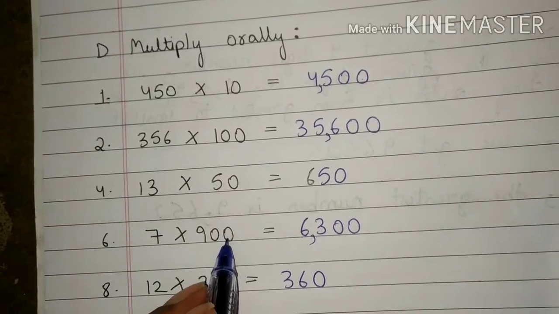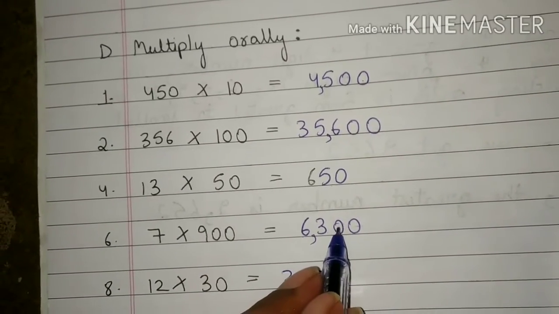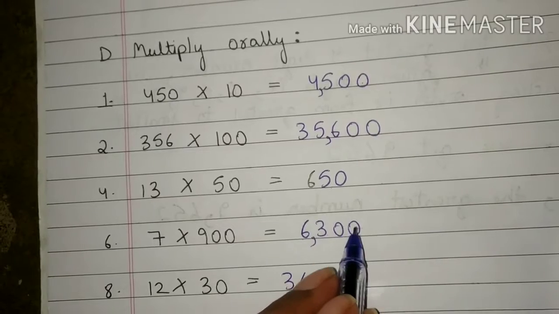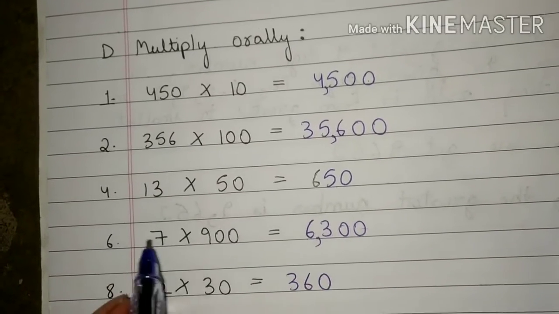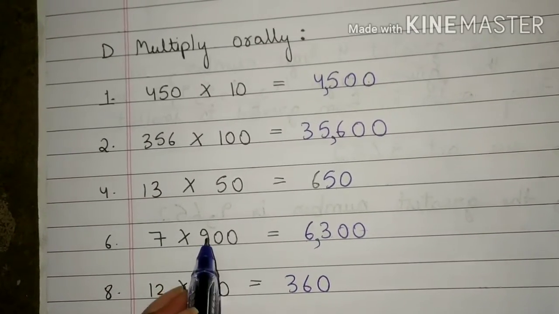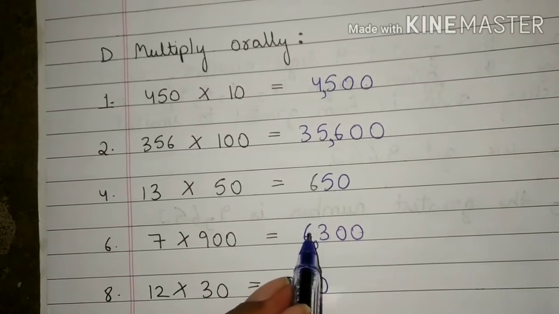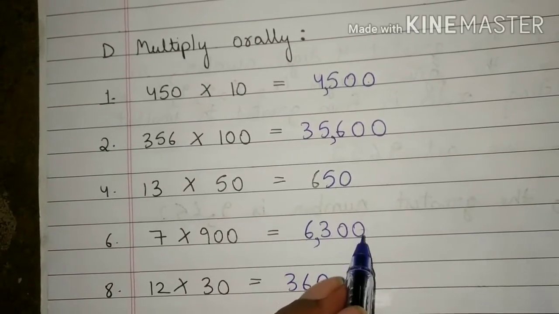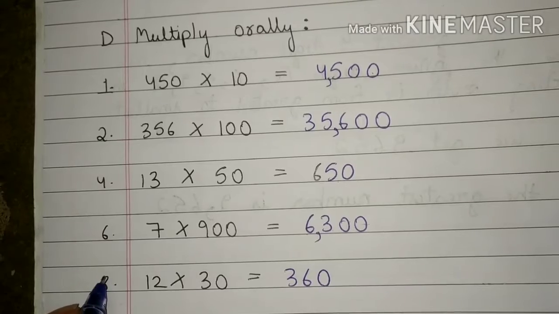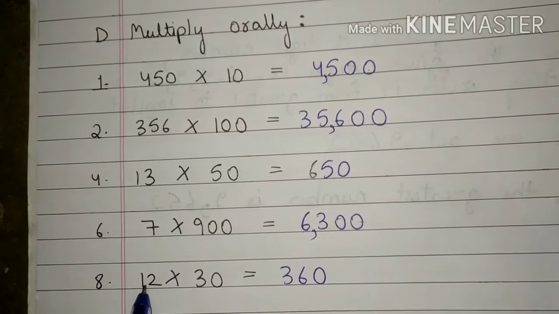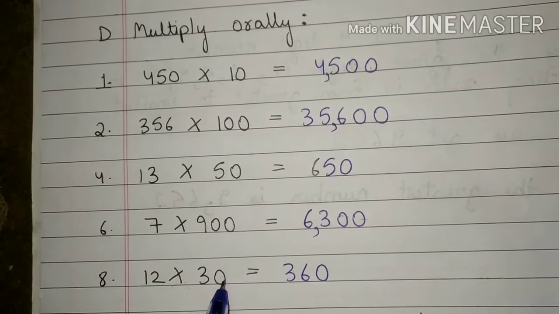So we will write 0 2 times here also, that is 0 0. Now 7 multiplied by 900 will give 6300.